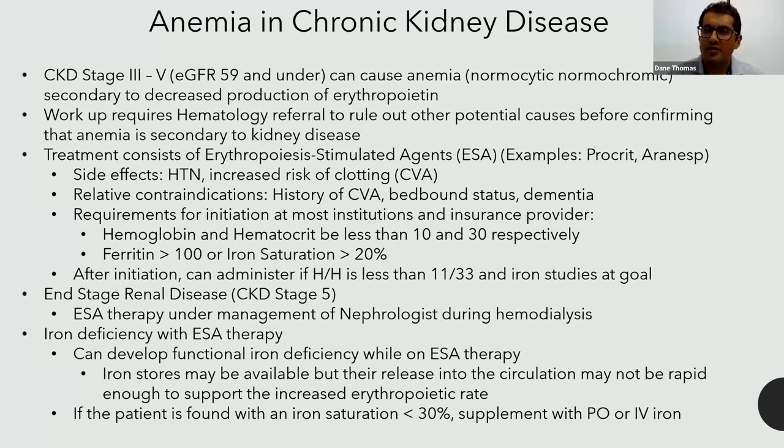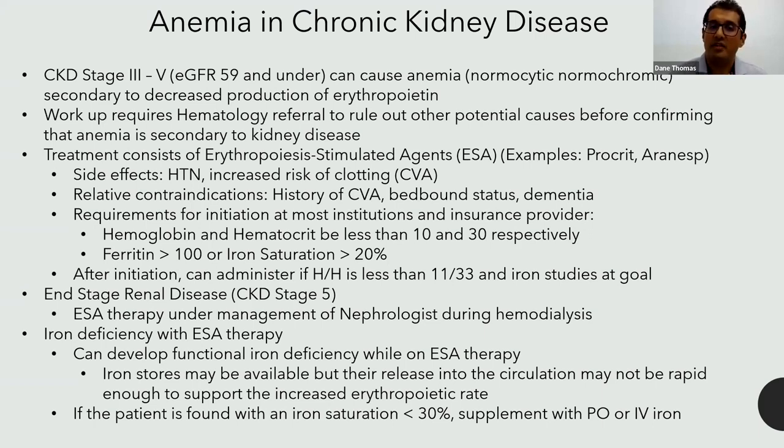So requirements for initiation of ESA therapy at most institutions, and in order for most insurance providers to approve these agents: the patient has to have a hemoglobin and hematocrit less than 10 and 30 respectively, as well as their ferritin be above 100 and their iron saturation be above 20%.